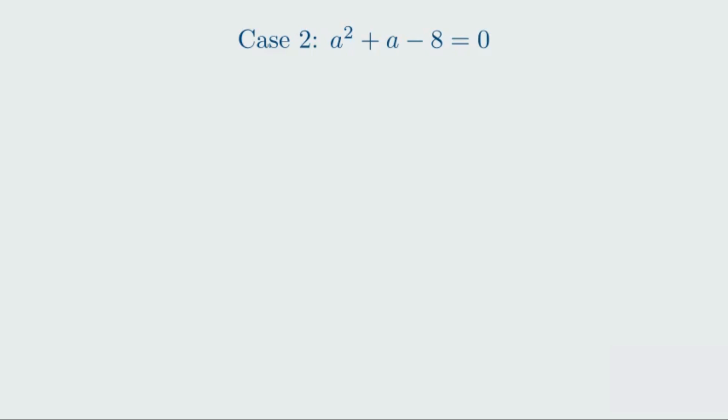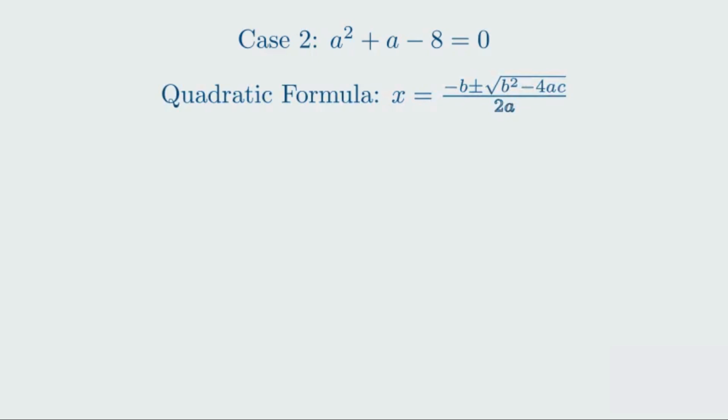The quadratic formula is x equals negative b, plus or minus the square root of b squared minus 4ac, all divided by 2a. Let's identify our coefficients a, b, and c from our equation. In a squared plus a minus 8 equals 0, we have a equals 1, b equals 1, and c equals negative 8. Now we substitute these values into the quadratic formula.